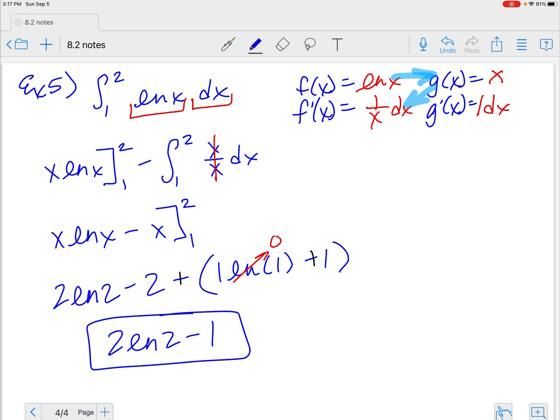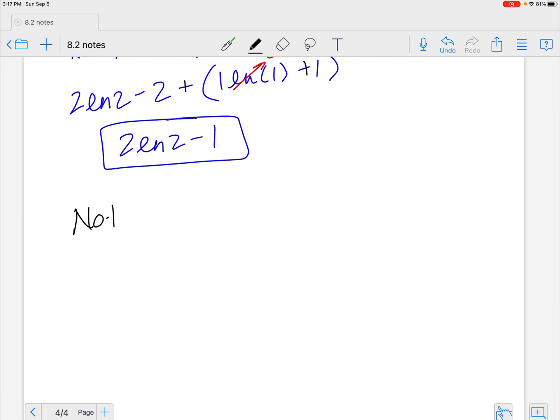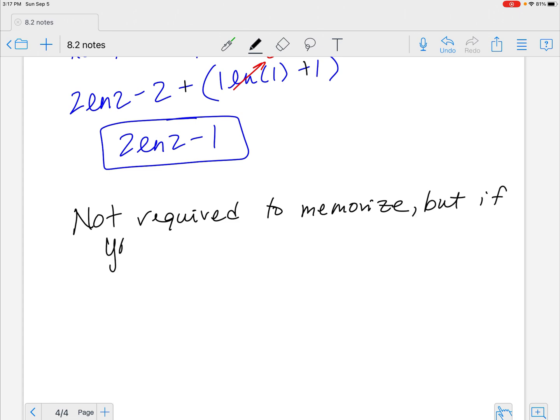Now, if you're good at memorizing things, I, my friends, am not. Not required to memorize because it's so easy to do it otherwise. But if you want to, you can. There's usually a whole lot more going on around it, so it doesn't pop up enough to have you memorize it.